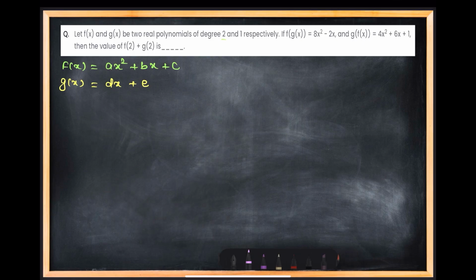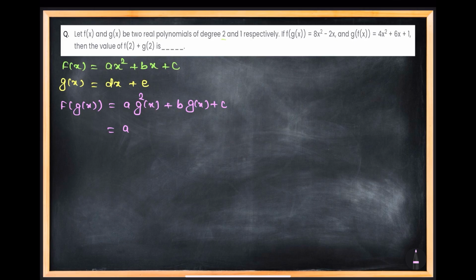Now what you have to do, just find f of g of x according to you. Okay, so look at this. You have to replace x of f with g. So it is a times g of x whole square plus b times g of x plus c. Now let's introduce. So a is a.